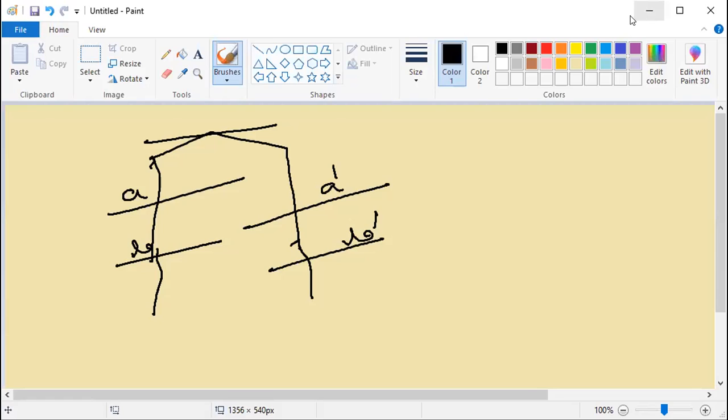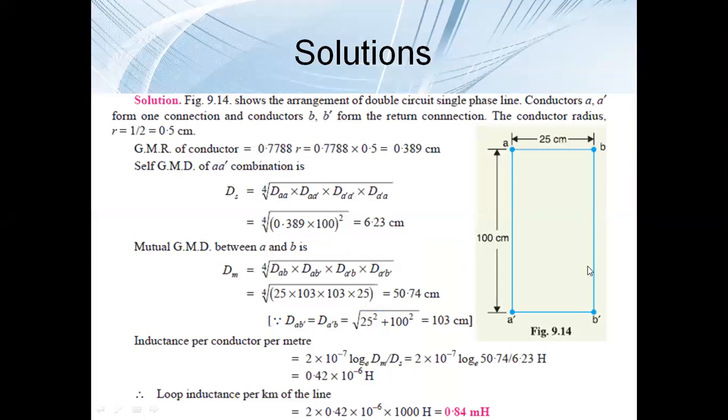So now I will share that. What we'll do: we have to calculate the self GMD and the mutual GMD that we discussed in the theory. Self GMD will be DAA, then DAA dash, then DA dashA dash, then DA dashA.